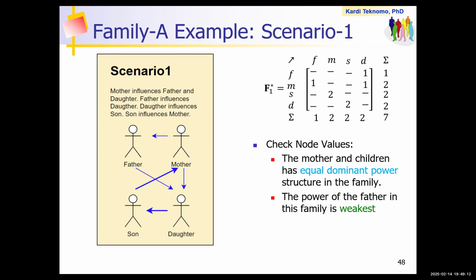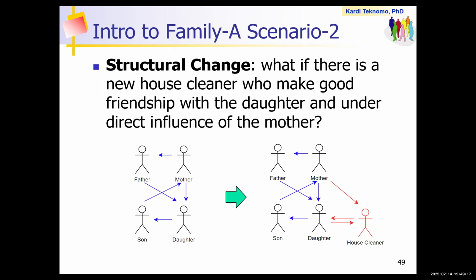Okay, let's see. The nice part here is what will happen when we change the structure. Say you have a yaya, a new yaya in this family, a house cleaner.